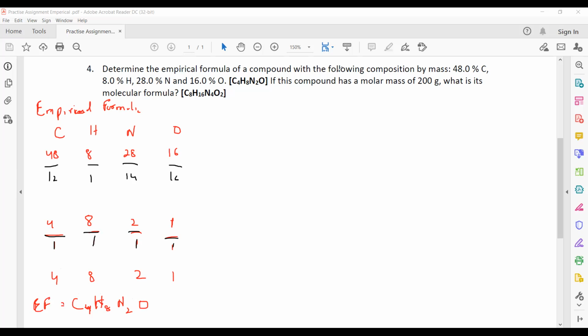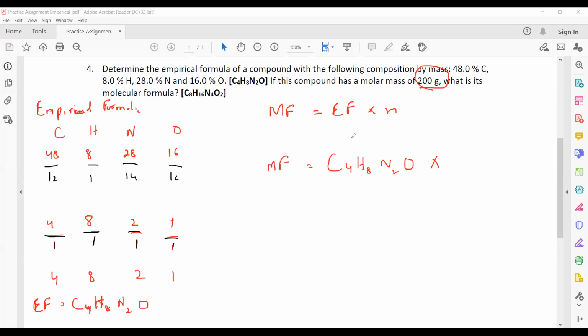Now the second part: if this compound has a molecular mass of 200, what is the molecular formula? So how to get the molecular formula? We have molecular formula is empirical formula times n. So we have the empirical formula, which is C4H8N2O. But what about n?